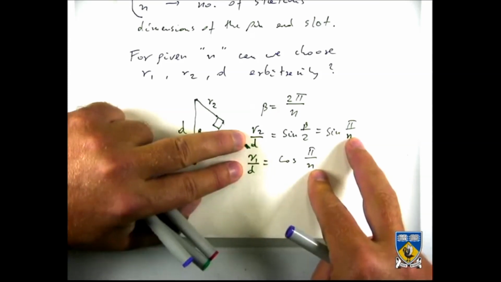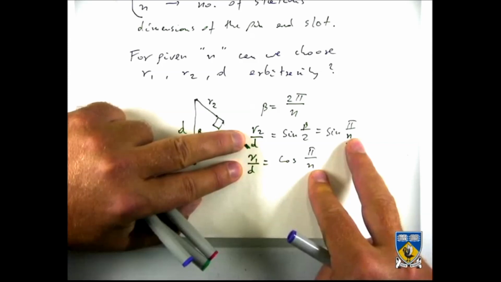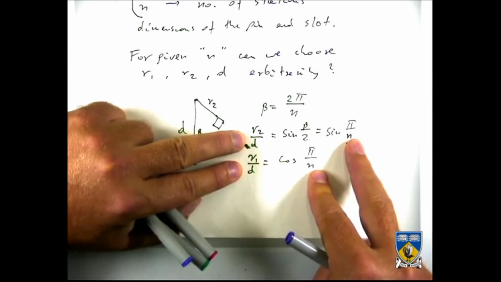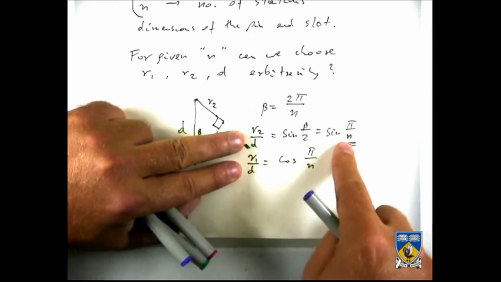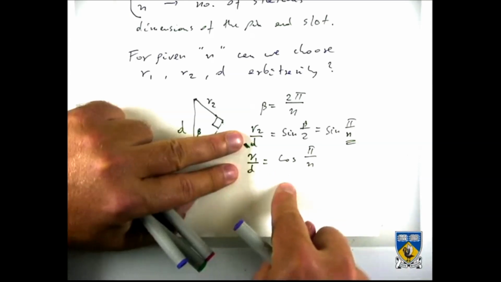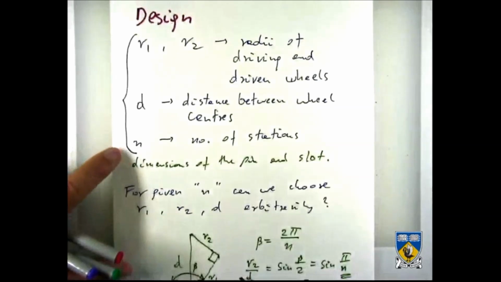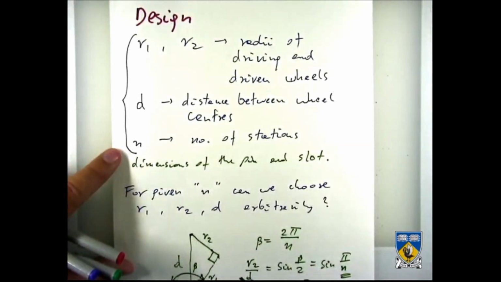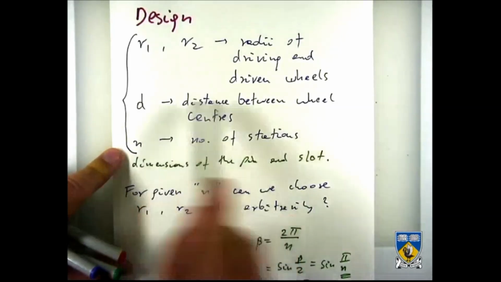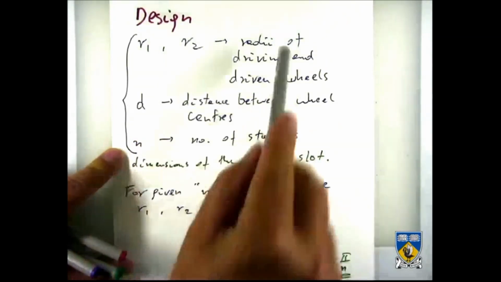So actually we can choose only one of them. If we choose D, R1 and R2 will get calculated. If we choose R1, the rest can get calculated, and so on. So the number of stations actually defines the geometry. I am displaying this again so that it gets recorded: N number of stations, D distance between wheel centers, R1, R2, the radii of the wheels.